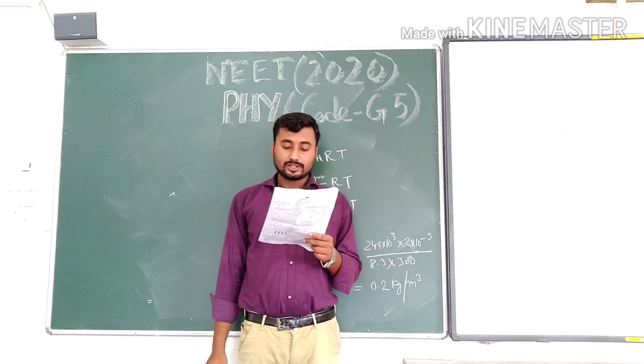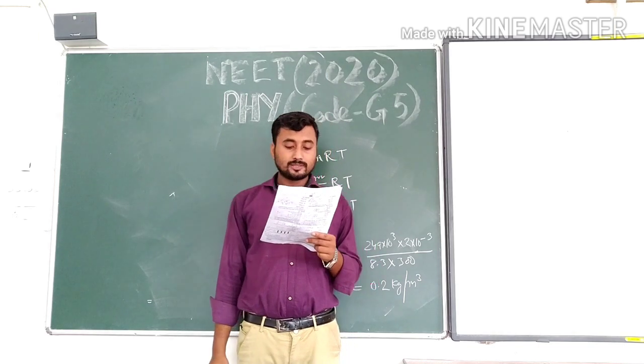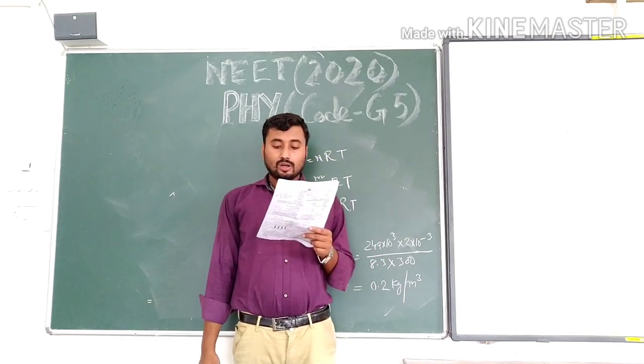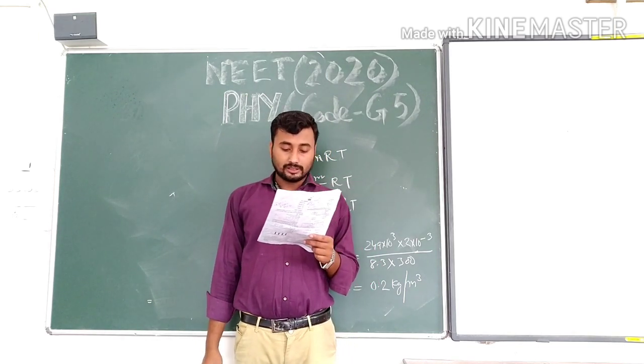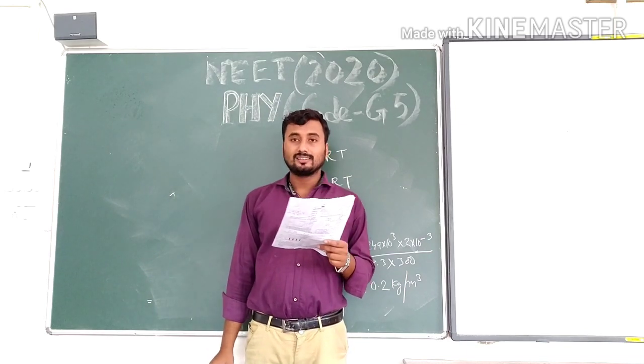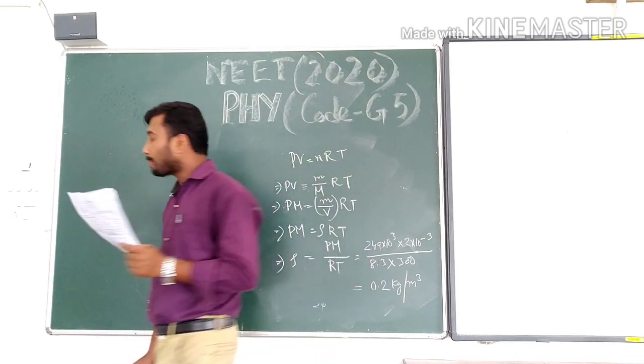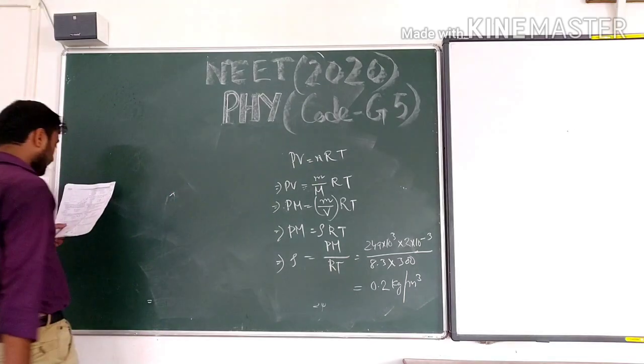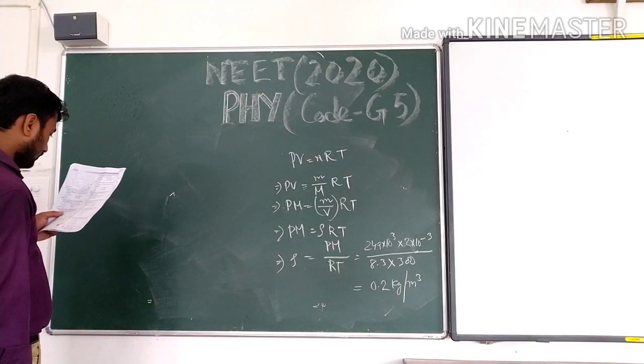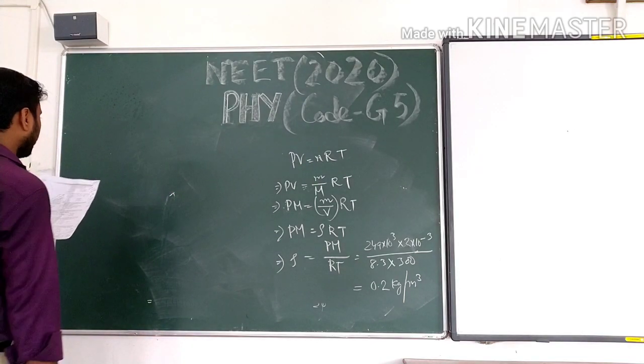153. Question number 153. The phase difference between displacement and acceleration of a particle in simple harmonic motion is. It's very simple. Okay. What's the question? Phase difference between displacement and acceleration.